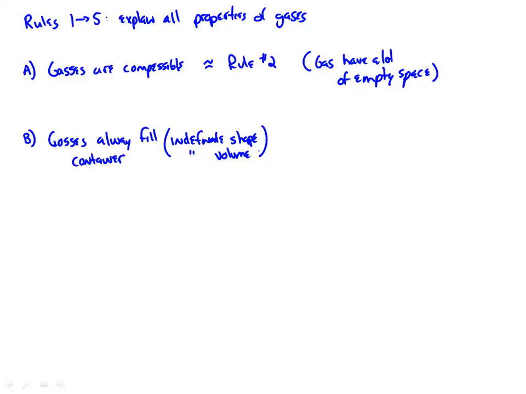If you've got a little container, you can put gas in it, and if you have a big container, the gas molecules will be equally spread out, as opposed to, say, a liquid that will take on the partial shape of the container, but will only fill a very specific volume of that container.